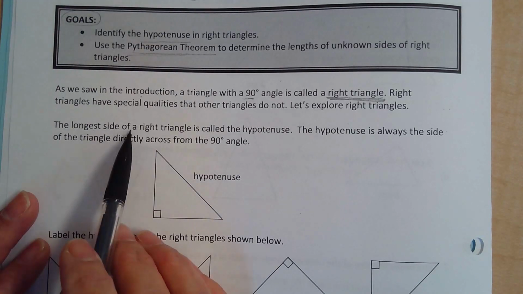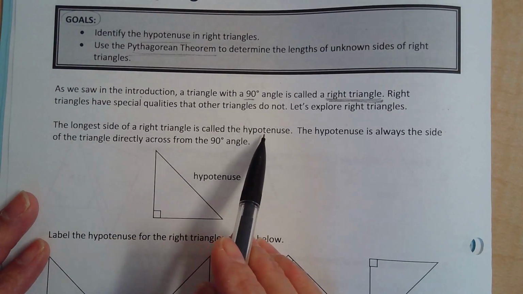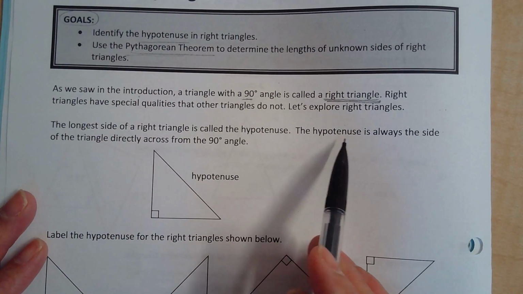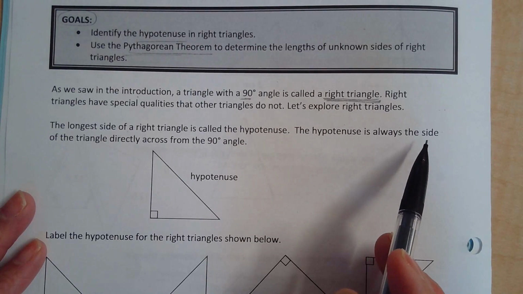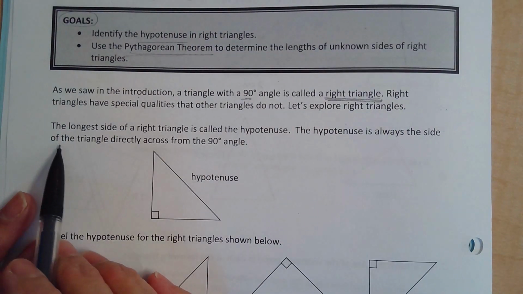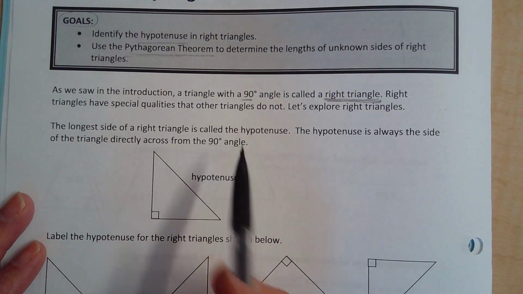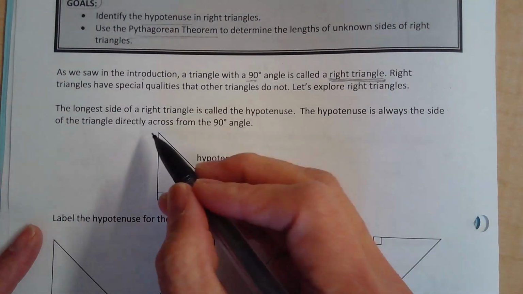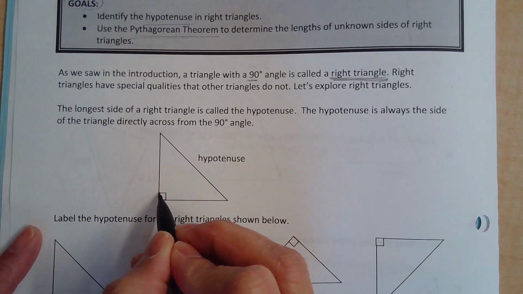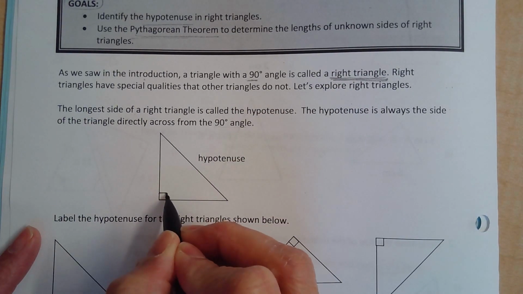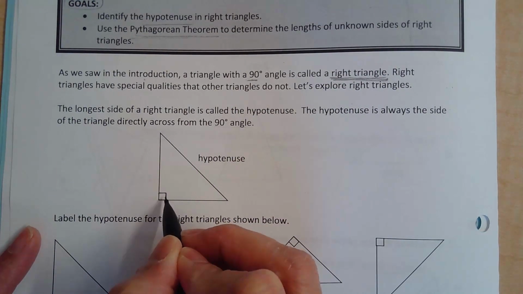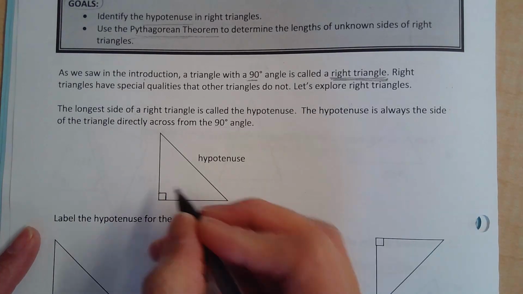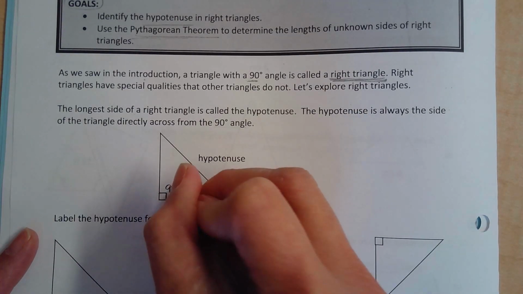The longest side of a right triangle is called the hypotenuse. The hypotenuse is always the side directly across from the 90-degree angle. Last time we said that when you have a triangle and you see this square part there, that tells us that angle is 90 degrees.